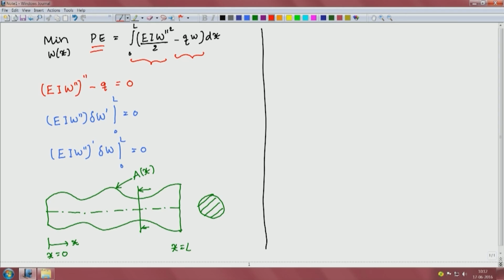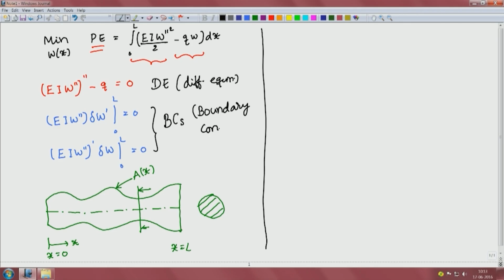Now, when we take this potential energy and take the first variation and equate it to 0 and do the integration by parts to get the differential equation. So, this is the differential equation, we write DE for it, and we also have the boundary conditions, which we write as BCs.